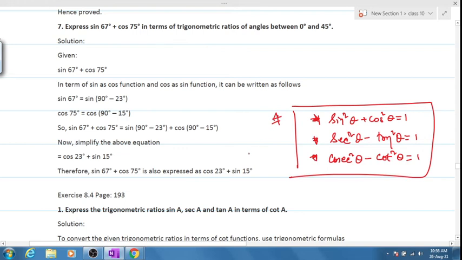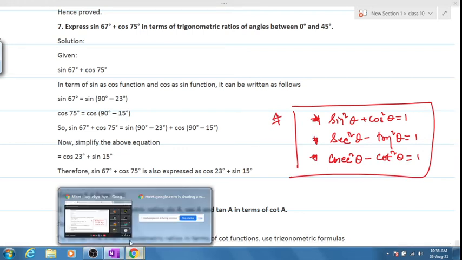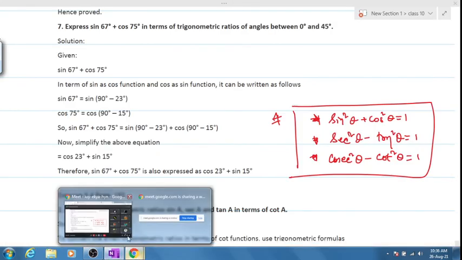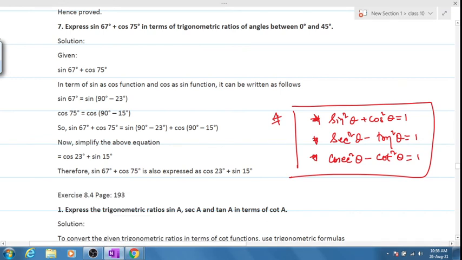I had given these formulas at the start of the chapter also, but people who haven't copied it down, please copy it down. Copied?